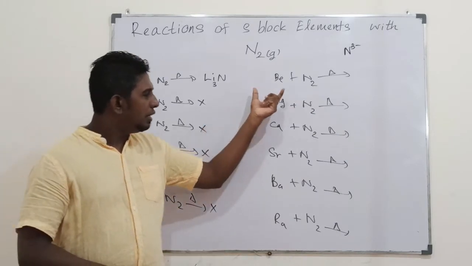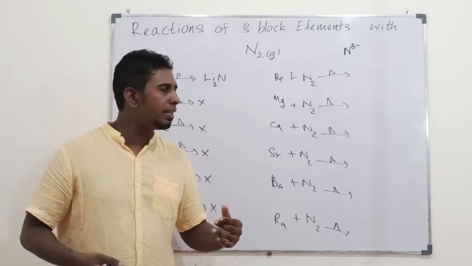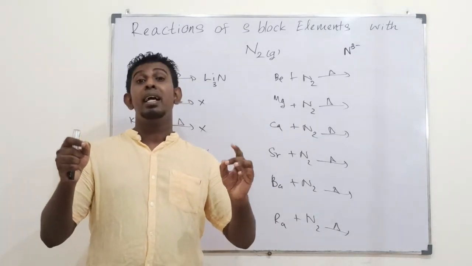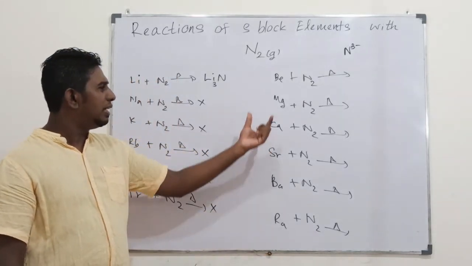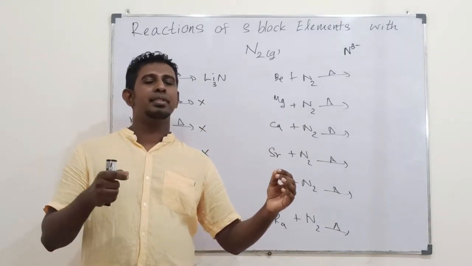Then, down the second group, their radius also would get increased, but all these second group elements would be forming their dipositive cations. So, their radii compared to first group elements would be quite small.